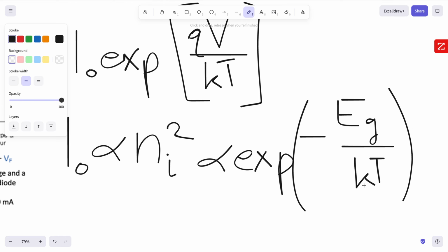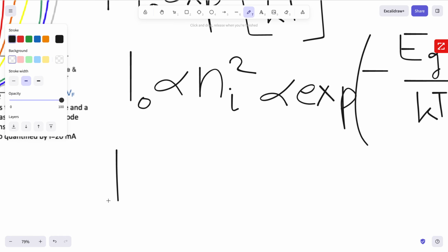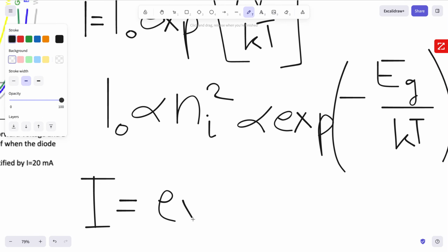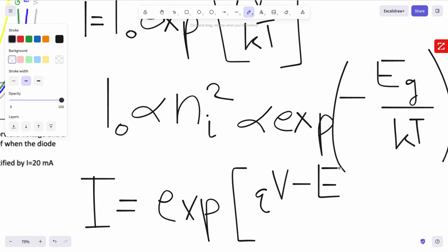And so we can describe the current as this function, the exponential of (qV minus E sub G) over kT.